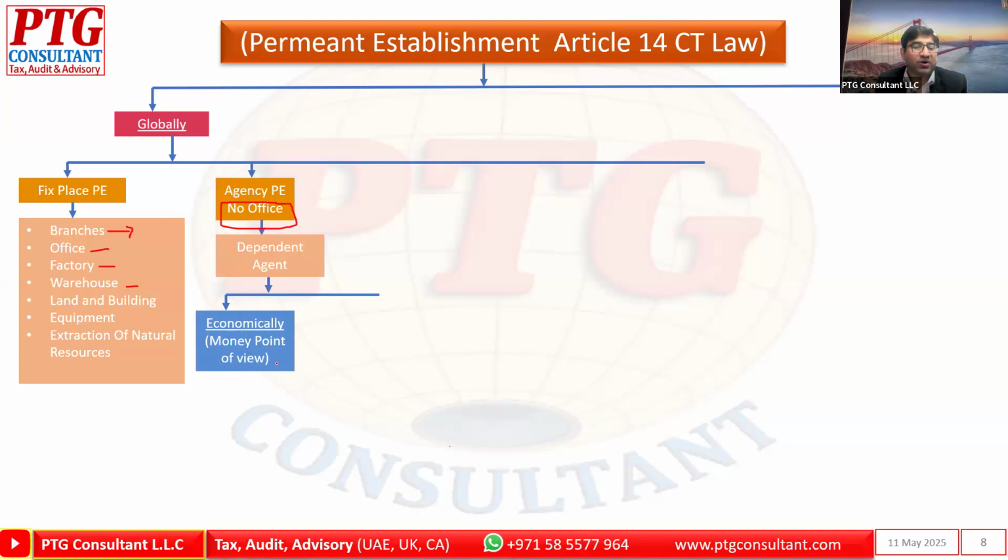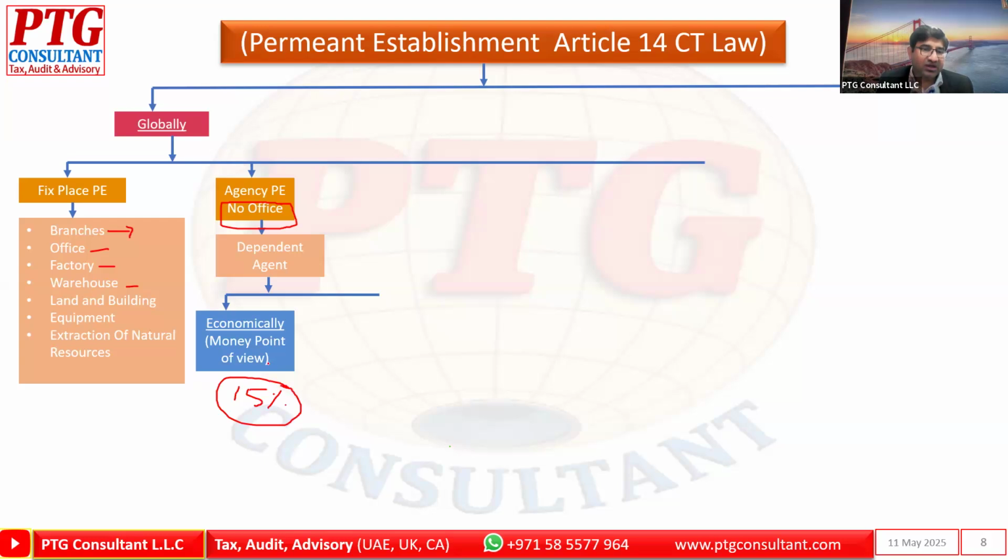Economically means from the money point of view, like his major source of income is only from the non-resident person. In accounting IFRS, there is one point saying that if you are generating more than 50% of your revenue from one client, your dependency is created on that. So they have a certain risk factor over there.